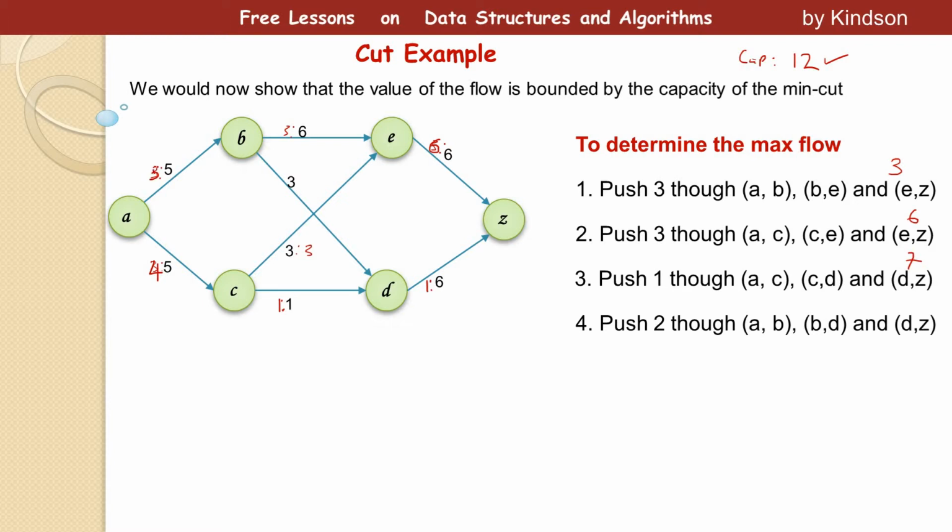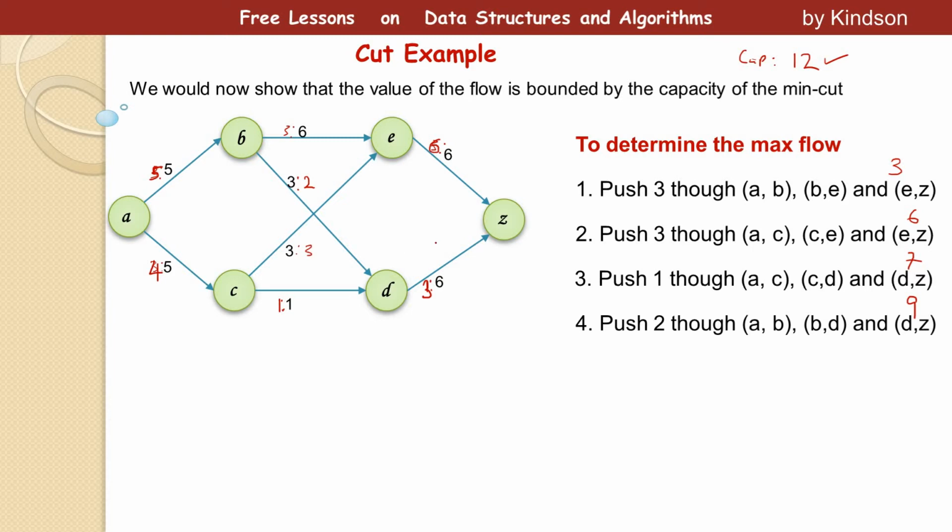It becomes 5. And this one we push 2 because BD, and here we push 2, becomes 3. So at this point, we have 5 plus 4, 9. We have 6 plus 3, 9. So let's say 9. I know that 9 is actually the maximum flow.